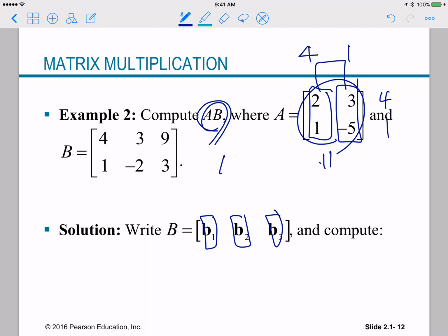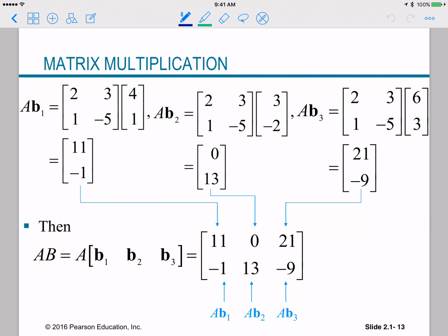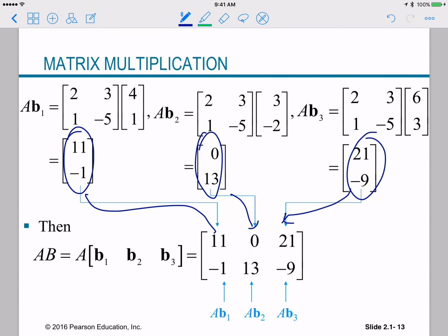The resulting vector forms the first column of A times B. Then the second column uses different linear combination coefficients, 3 and minus 2, with the same column vectors of A. So that's how we form the second column. Then we collect them, and that's how we obtain A times B.